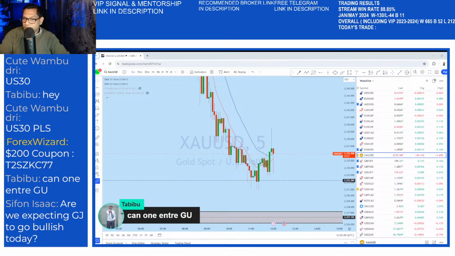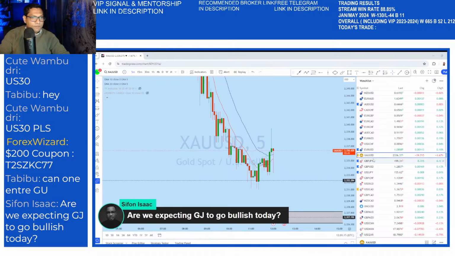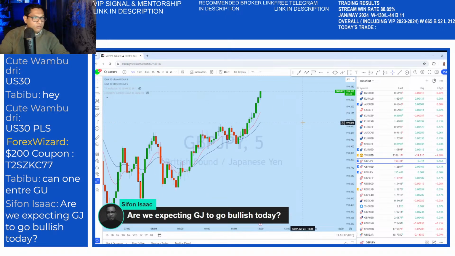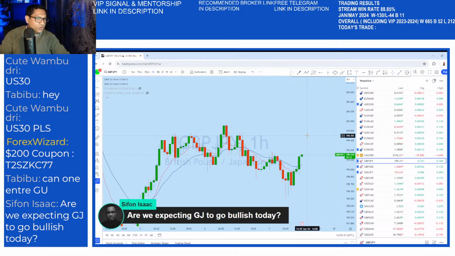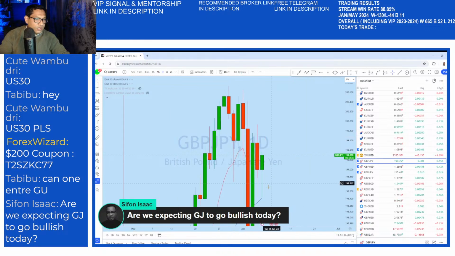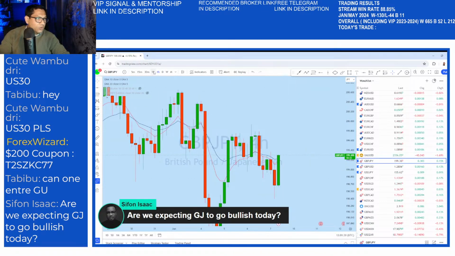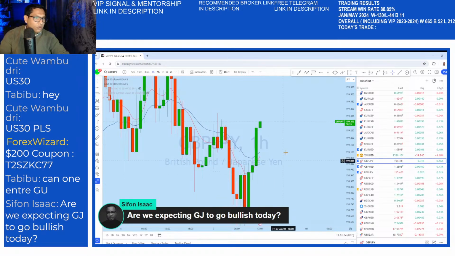You guys with me? We're expecting GJ to go bullish today. GJ, yeah, we see that it's already bullish. Already we see the significant bounce so far. If you look at the daily here, we can see a big bounce, 4 hour a bounce, 1 hour, the previous 1 hour a liquidity candle.